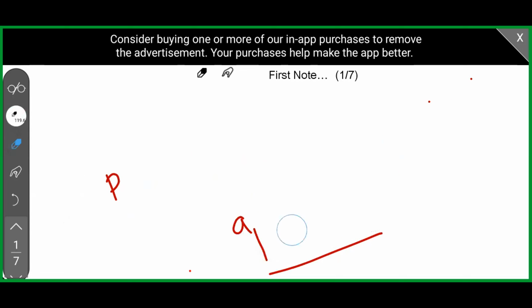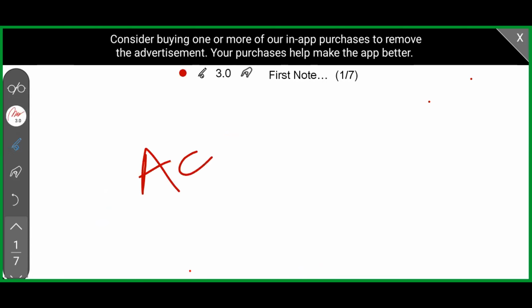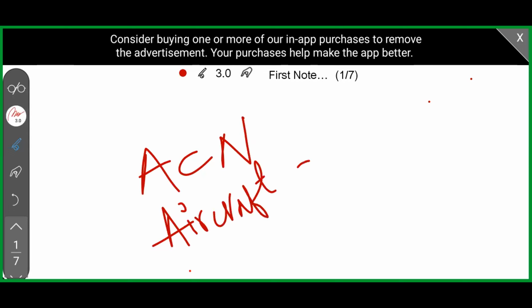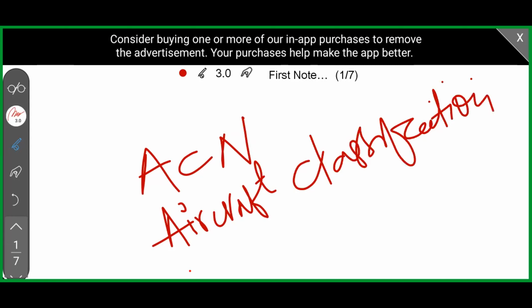Now, there is a term ACN, aircraft classification number, similar to that only. And what does it really mean?